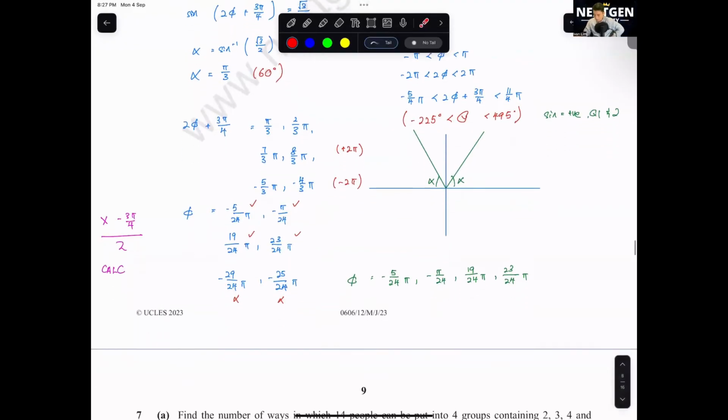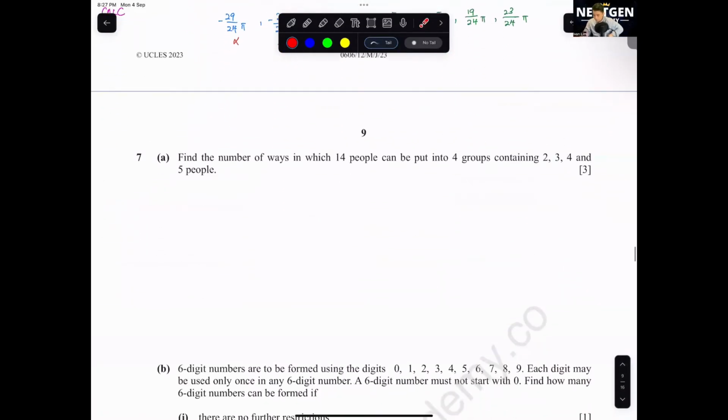Okay, let's go to question 7. Find the number of ways in which 14 people can be put into 4 groups containing 2, 3, 4, and 5 people. How to do this? Is this a permutation or combination type of question? This is a combination, because we don't need to arrange, correct?